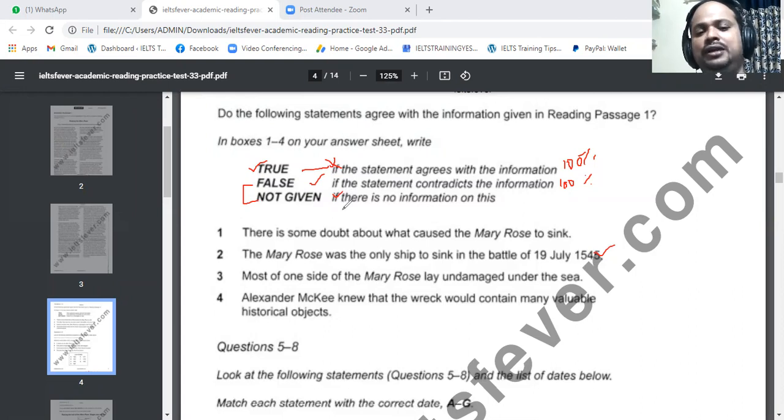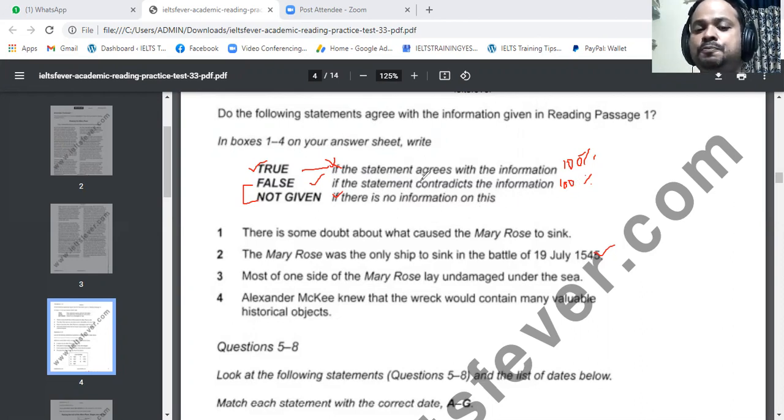That's another challenge: you have to prove the other way around. If you cannot prove it is 100% true, you have to prove it is 100% false. If you cannot do that, then the answer is not given. If you can do that, then your answer is false.